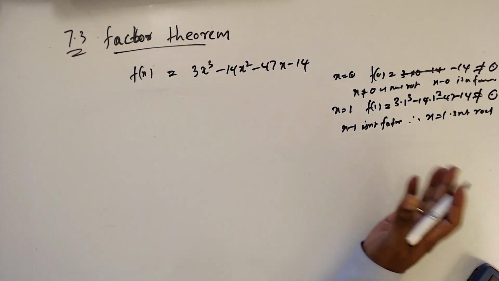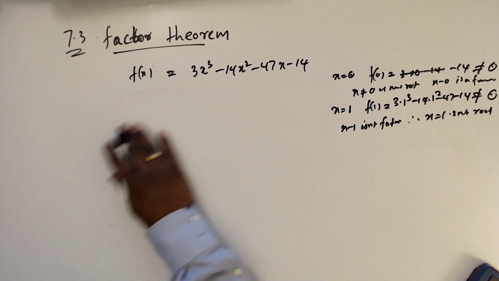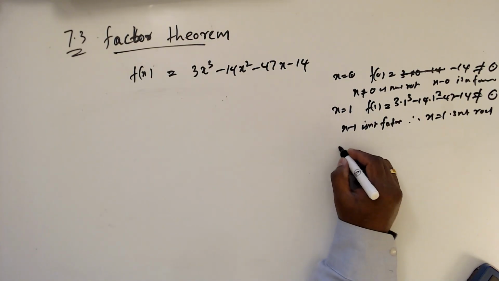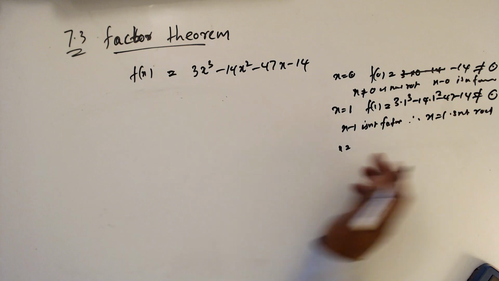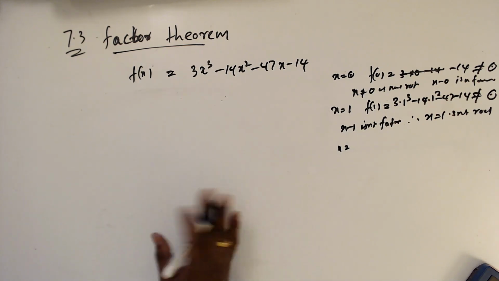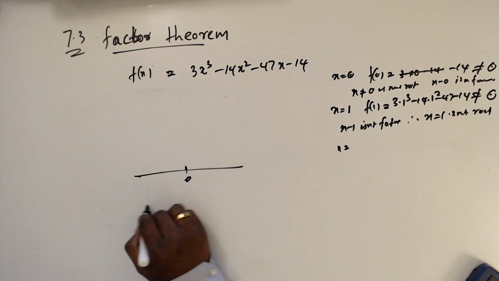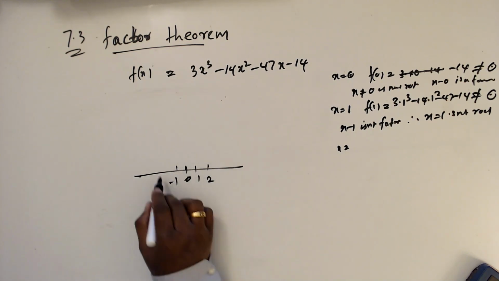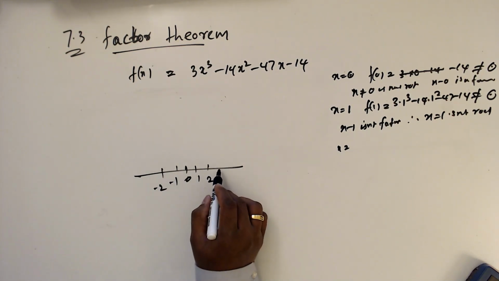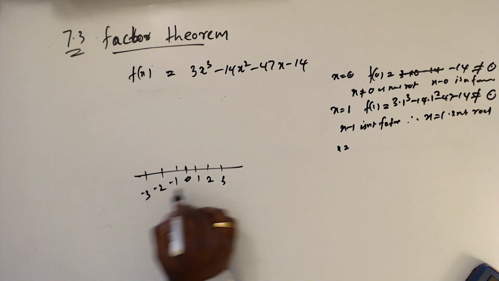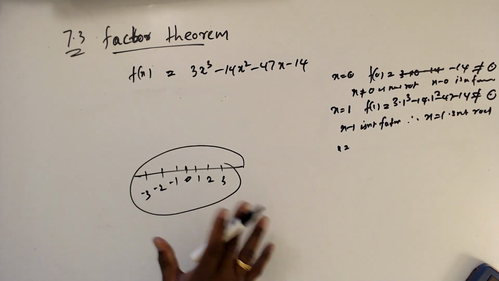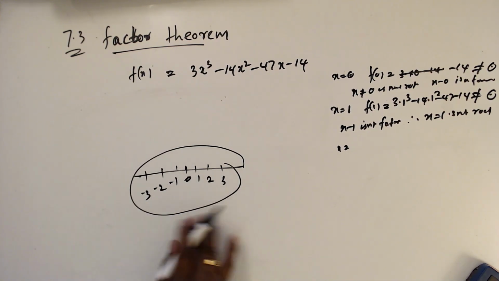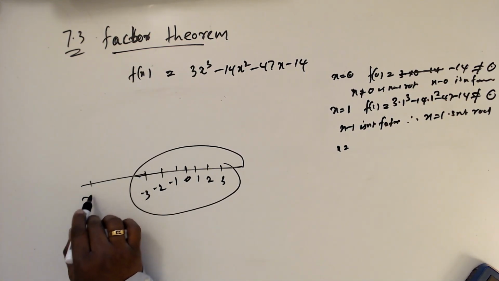We have no choice. If we have to solve this one, this is the only way. Usually we should check 0, then plus 1, minus 1, plus 2, minus 2, plus 3, minus 3. Within this range, usually in the exam, you will get a question, not the extremes, right?